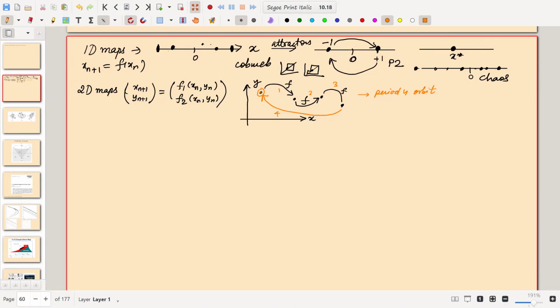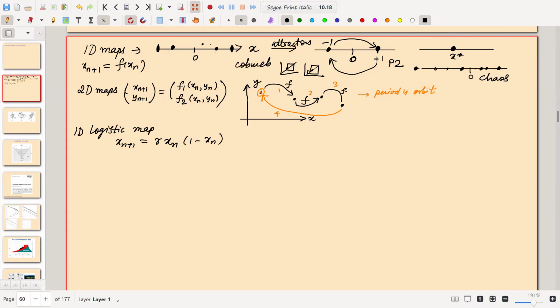So the idea is, we started off our course with the 1D logistic map. That is x n plus 1 equals r, the reproduction factor, times x n times 1 minus x n, right? So this kind of models the population dynamics of animals.